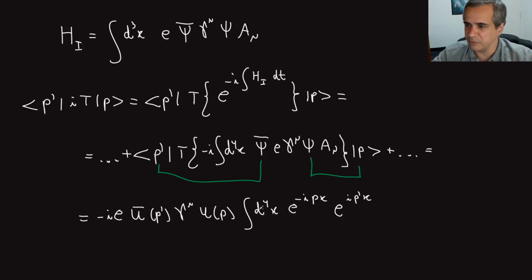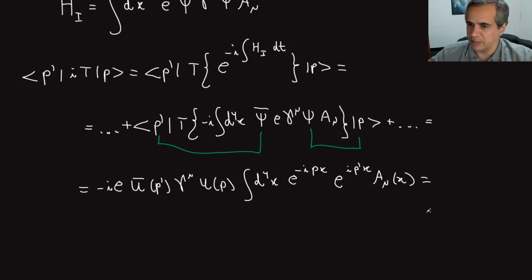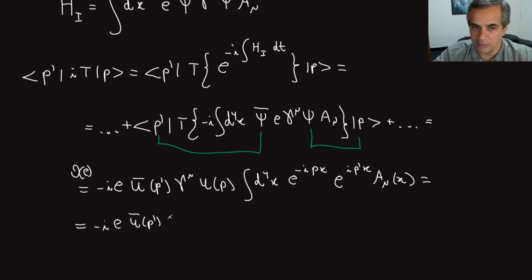The contraction gives me the exponential times one of these two functions here. And you have A_mu, which is a function of x. So in the end, this is to order e, the first order in the interaction. This is just minus i e u bar p prime gamma mu u of p times A_mu tilde of p prime minus p.